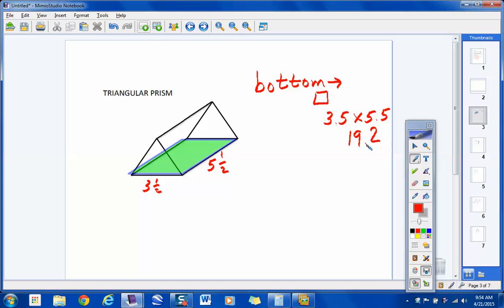Okay, why'd you times that by 3? Okay. Look at her shape again, everybody. Brianna just said she's going to take 19.2 times 3. Why is she multiplying by 3? Because all three of these rectangular sides, it's a what kind of triangle did you say?